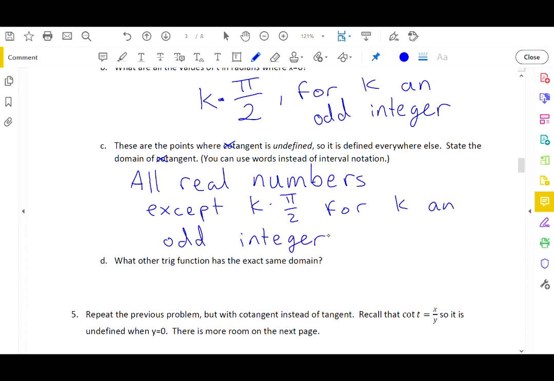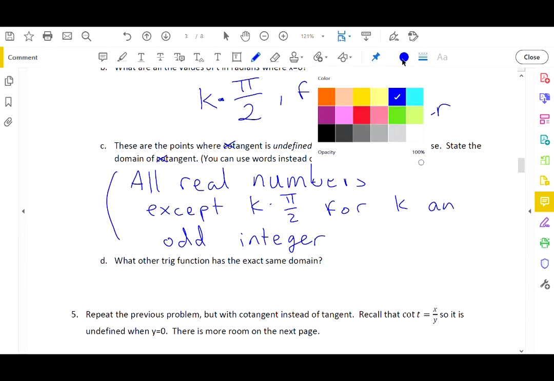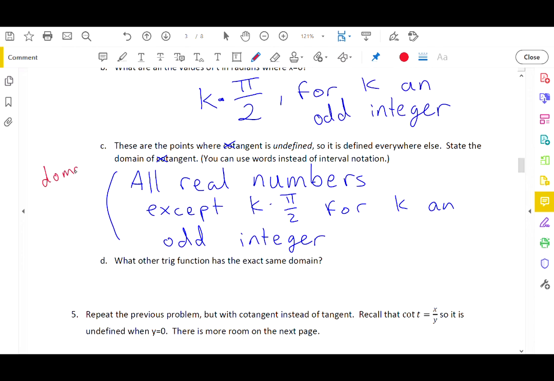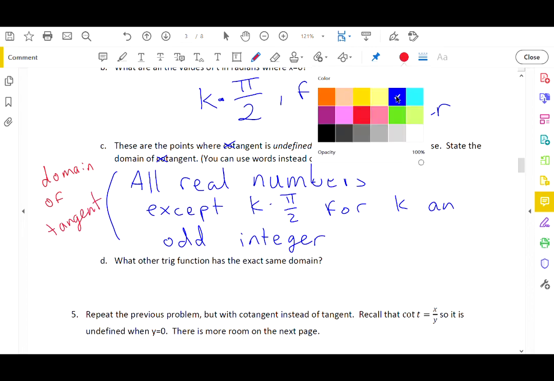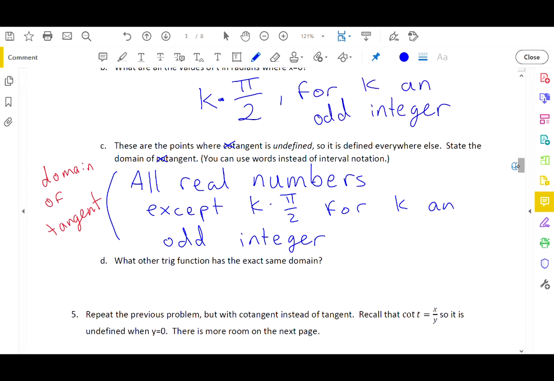So that's the domain of tangent. I'm going to write that in red over here. Domain of tangent.